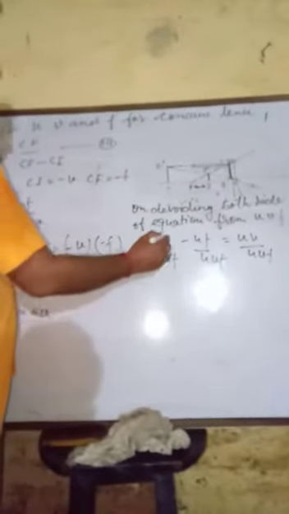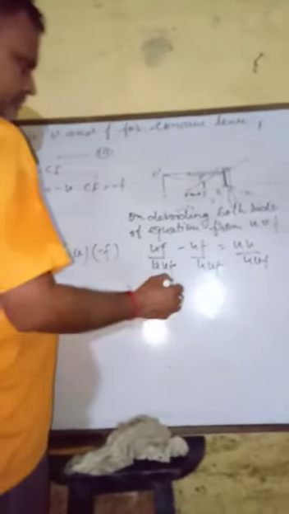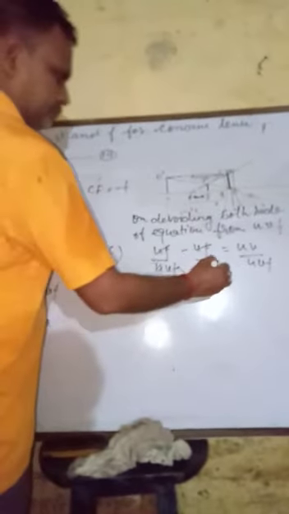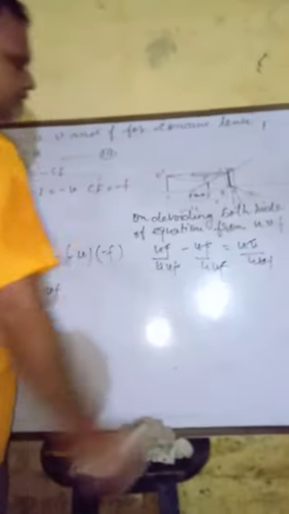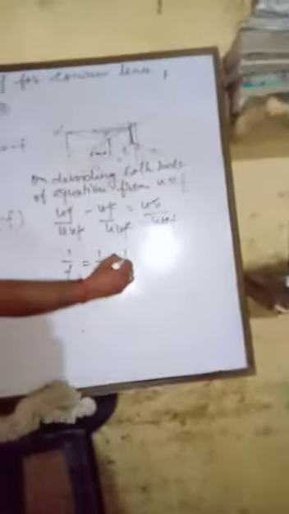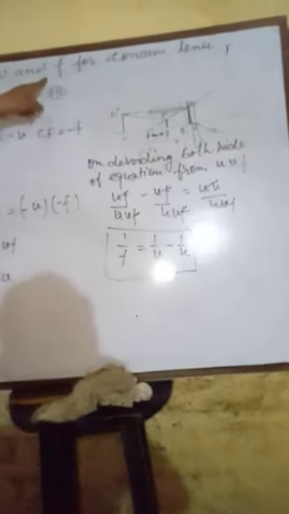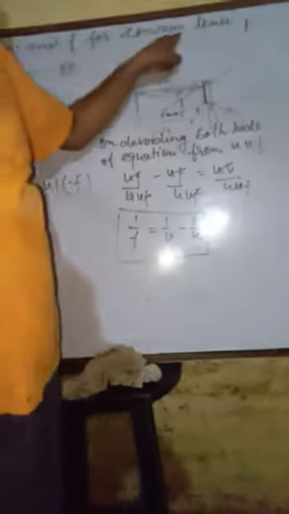Here you see uf is cancelled with uf, vf is cancelled with vf, and uv is cancelled with uv. Then we find the relation 1 upon f is equal to 1 upon v minus 1 upon u. This is the relation between u, v and f for a concave lens.